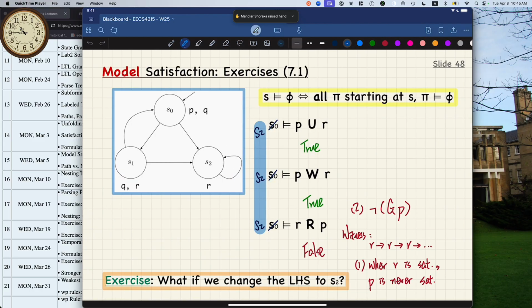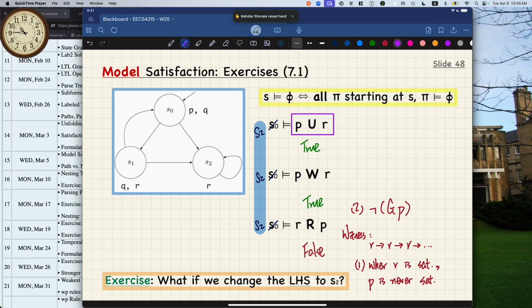Okay, 7.1. Which one do you want me to go over? P until R. Okay, P until R over here.